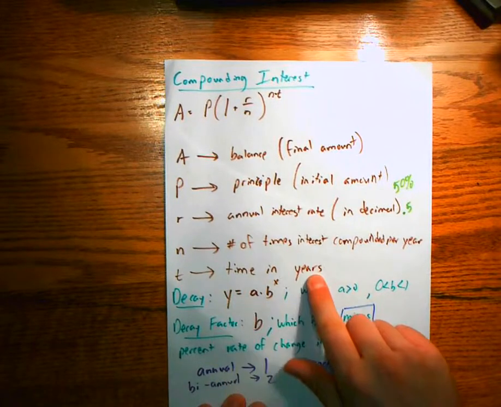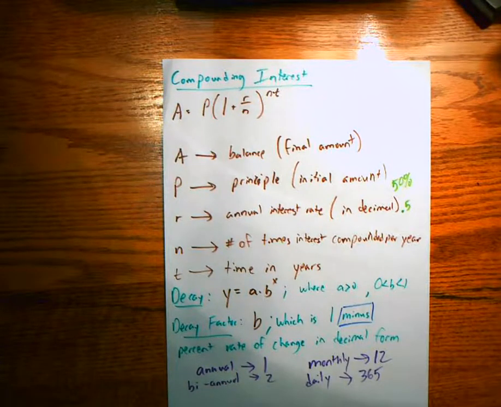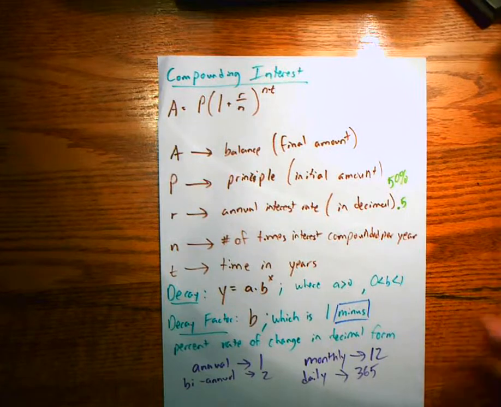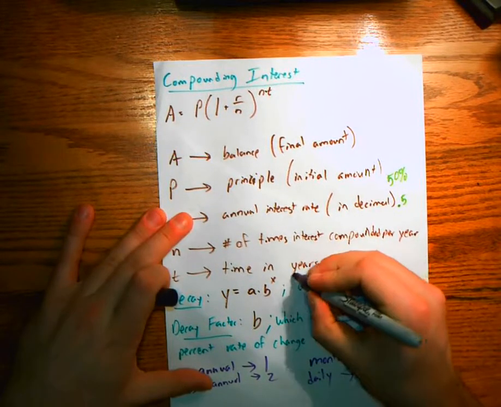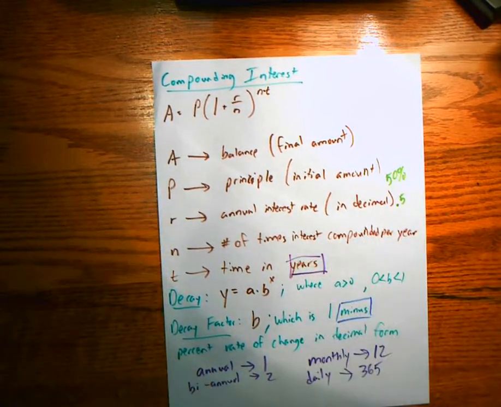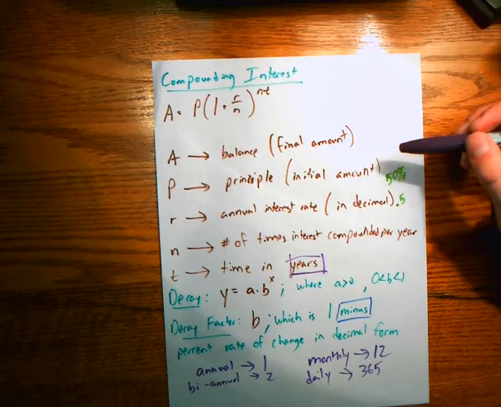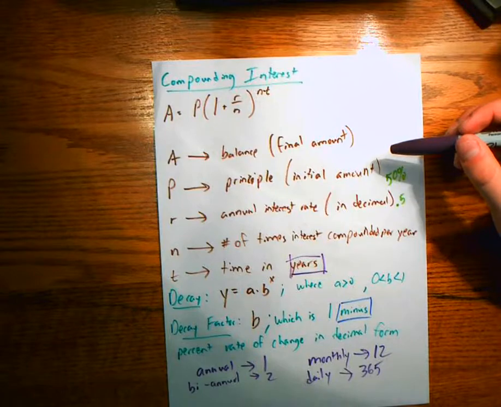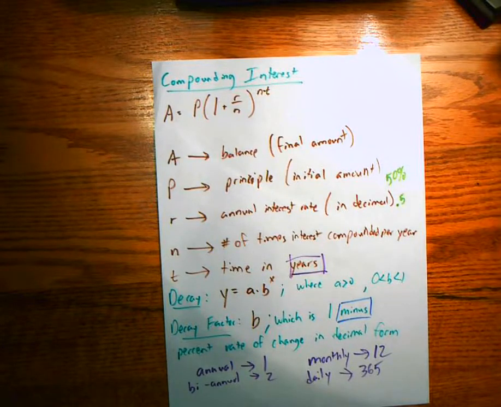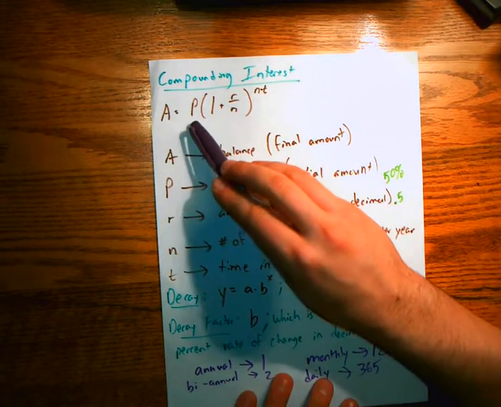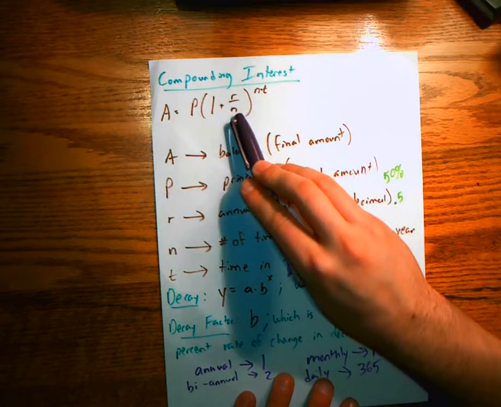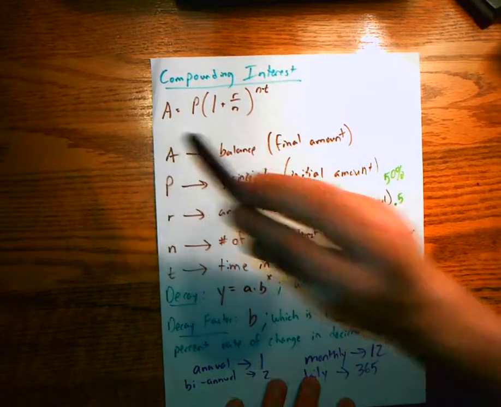And then t is your time in years. If you're given a time in days or months, you have to convert that to years. So it's very important that that is the unit of time you are using in the compounding interest formula. A lot of these are going to be very word problem focused examples, and it's just plugging in the values of the principal, the rate, number of times, and the time in order to get your final balance.